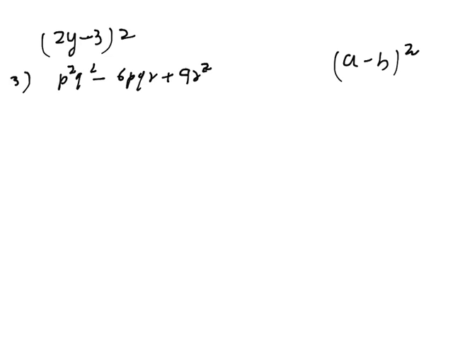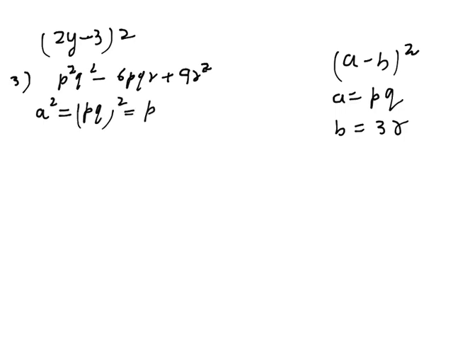Now a will be pq, right, and b will be 3r. Now a square is equal to pq whole square, that will give us p square q square. That is the required first term. Next we have b square. B square will be 3r whole square, that will be 9r square.